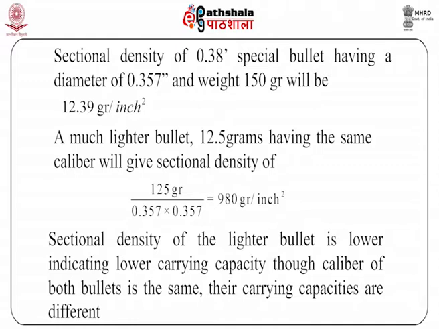A much lighter bullet, 12.5 grams, having the same caliber will give sectional density of 125 gram by 0.357 into 0.357, which is equal to 980 grams per inch square. Sectional density of the lighter bullet is lower, indicating lower carrying capacity, though caliber of both bullets is the same. Their carrying capacities are different.